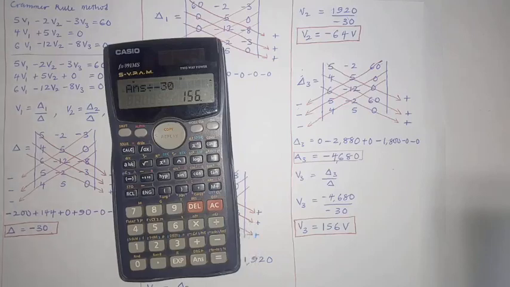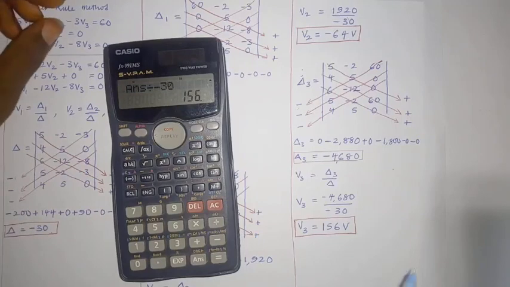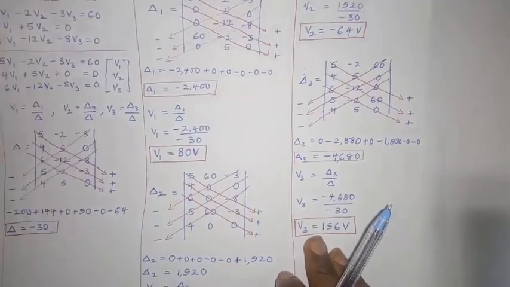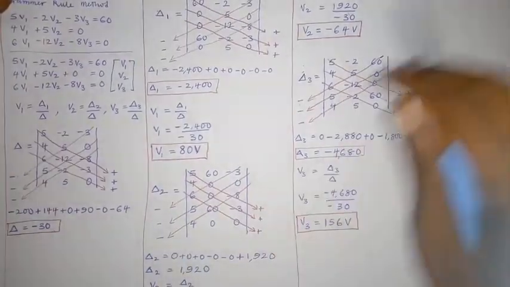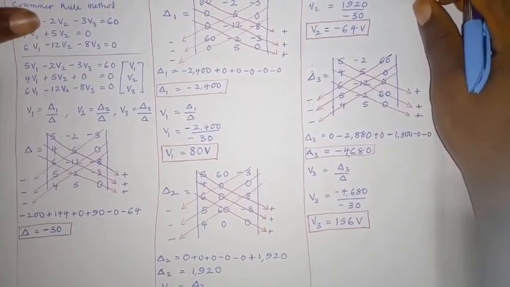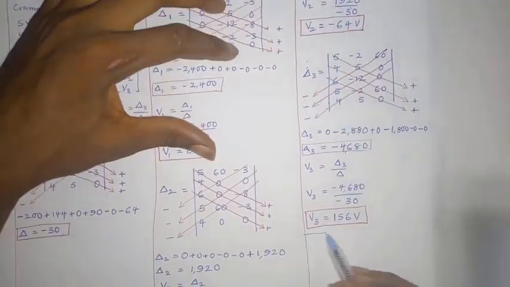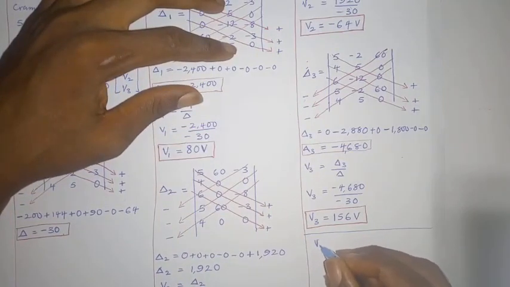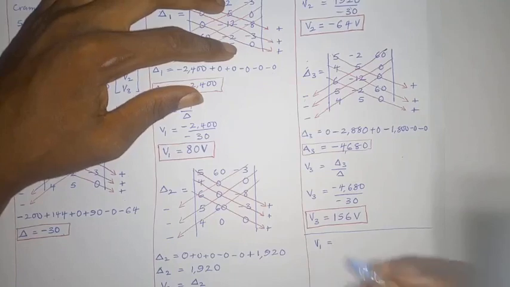You can try to check, or you will redraw the circuit. After redrawing the circuit, you can now place everything inside. You will do that one, but I will teach you how to check whether you got your answer correctly in the next video. But let's try something out. Our answer here, you will now rewrite it. This one is called summary.